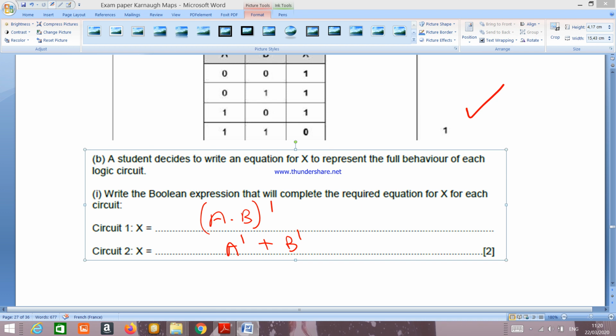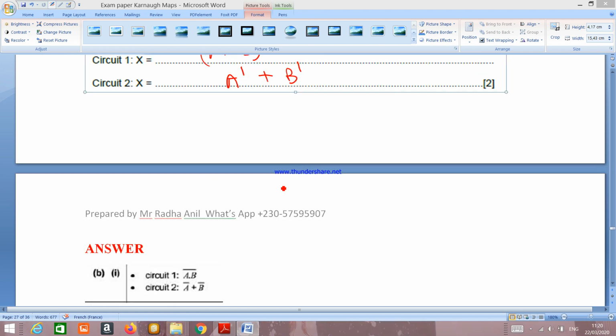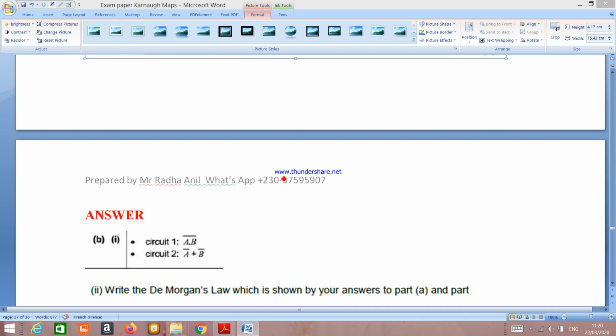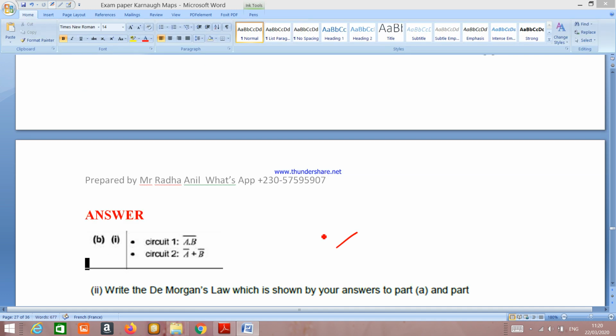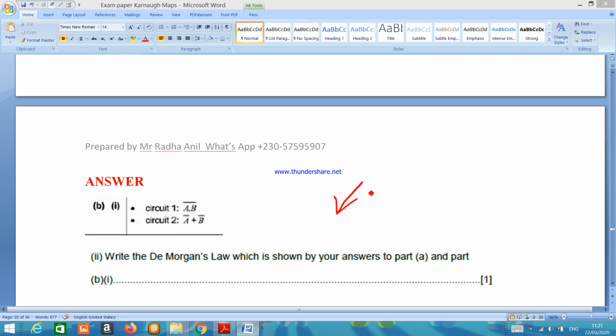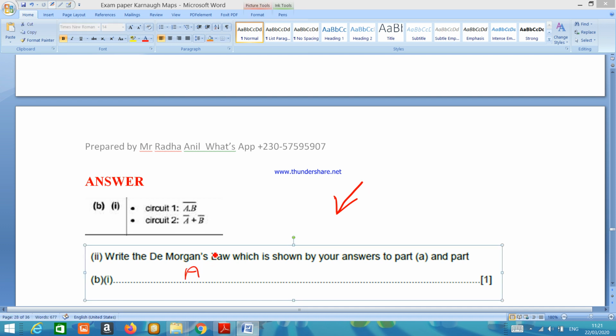Now yes, this is correct. Now we write the De Morgan law. Okay, the De Morgan law is written like this: (A times B) dash is the same thing as A dash plus B dash. The same result.